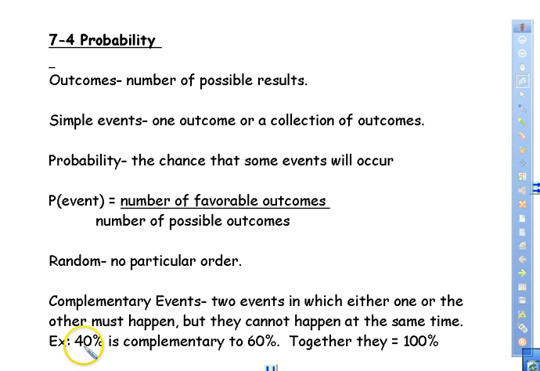For example, 40% is complementary to 60% because together they are 100%. So if I say that it's a 40% chance that it's going to rain, the complementary event is that it's a 60% chance that it will not rain. Okay? That's the complementary. Together they have to be 100%.